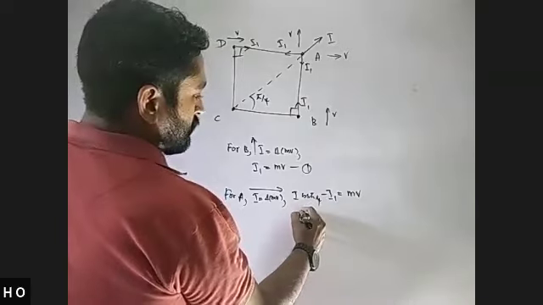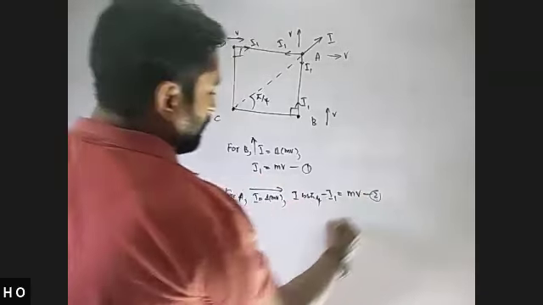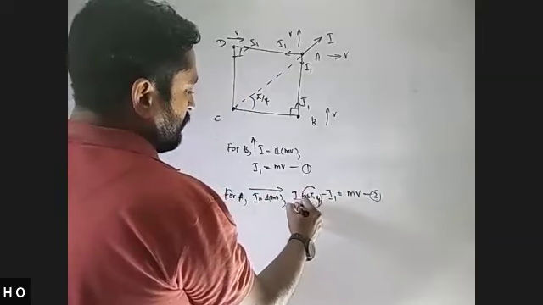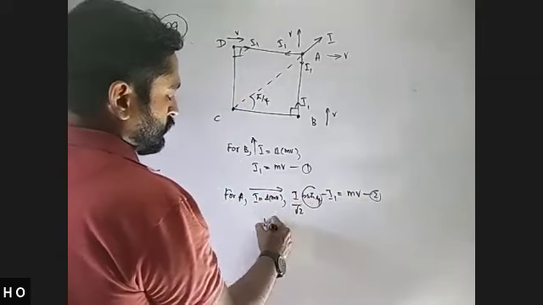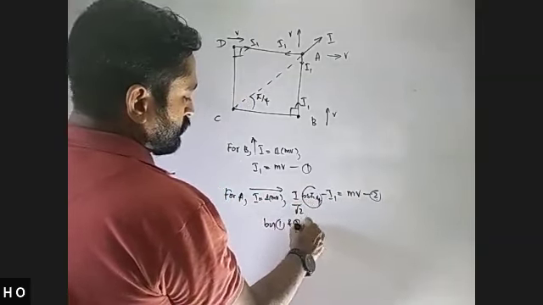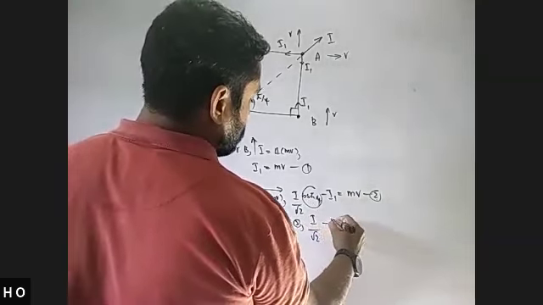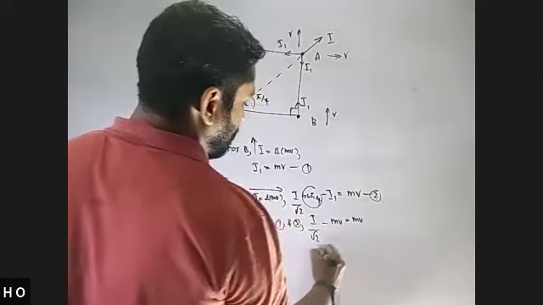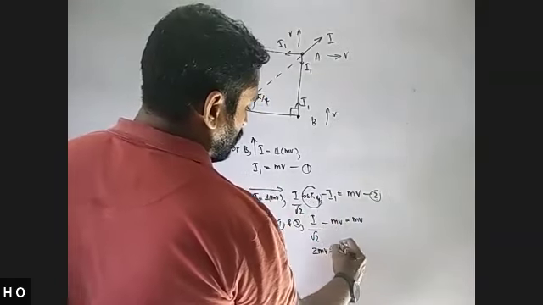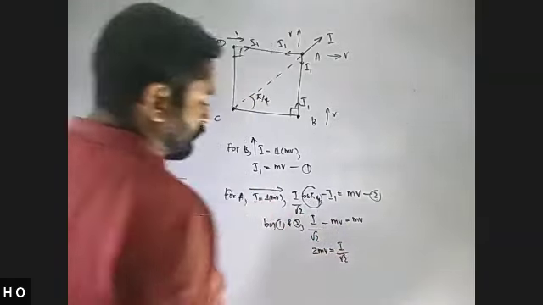Let us mark this as 2. By 1 and 2, you can say I over root 2 minus MV is MV.